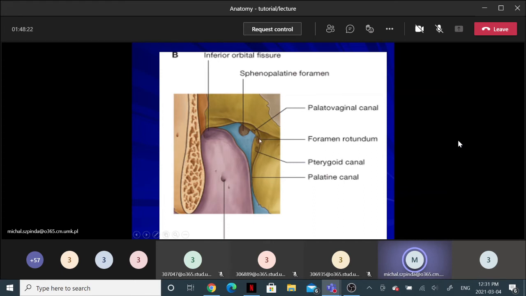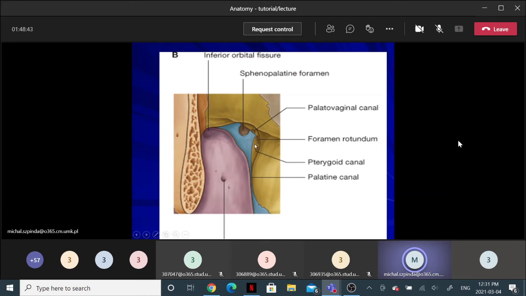The foramen rotundum is deep in position. It opens on the posterior wall of the pterygopalatine fossa. Such a part refers to the maxillary surface of greater wing.